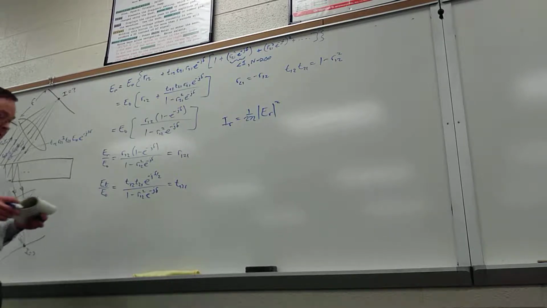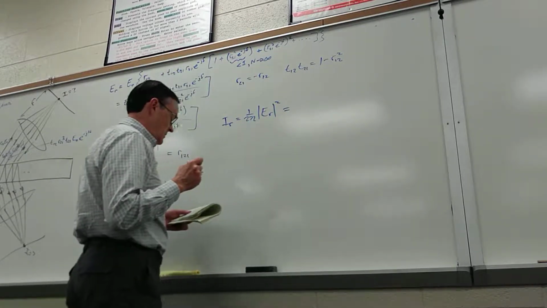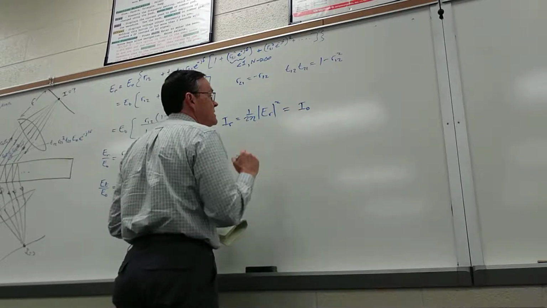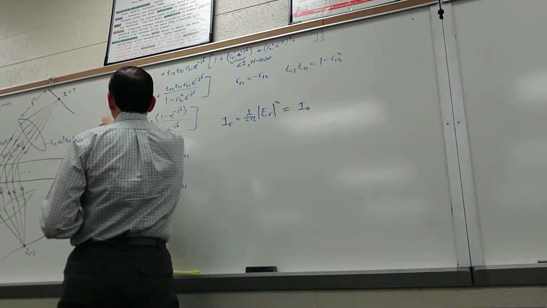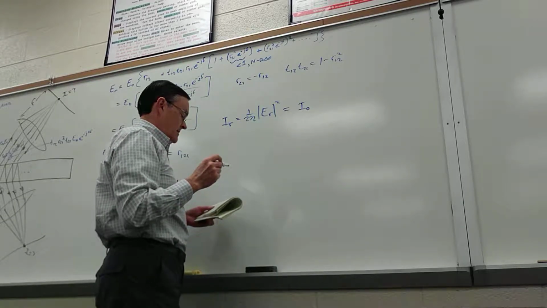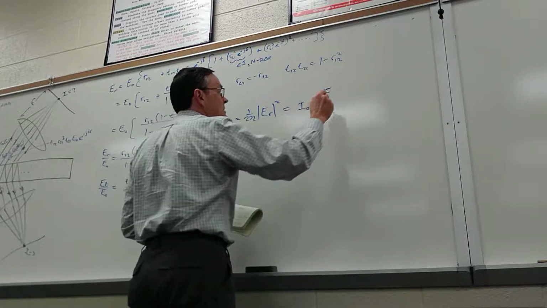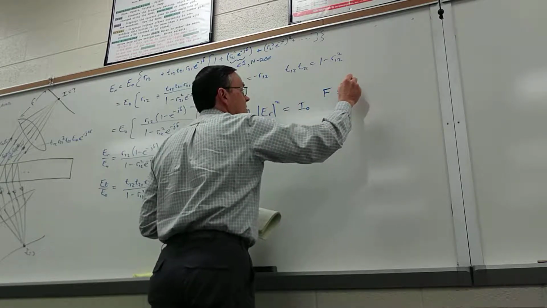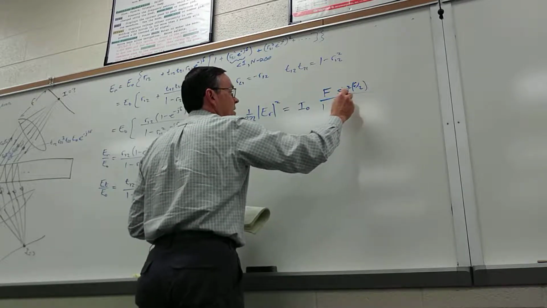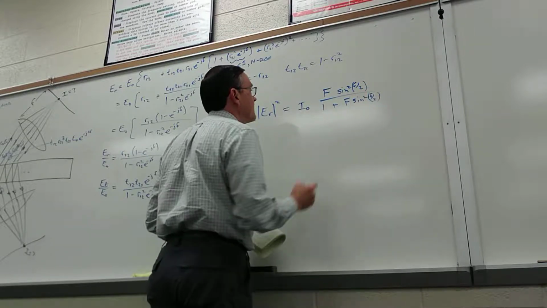And if we plug in and do some algebra, and again, I'm just going to skip the algebra because you're capable of doing it, what we end up with is I naught, which of course is the square of this guy, divided by 2 times eta, times something f, I'll define in a moment, times sine squared delta over 2 over 1 plus f sine squared delta over 2.